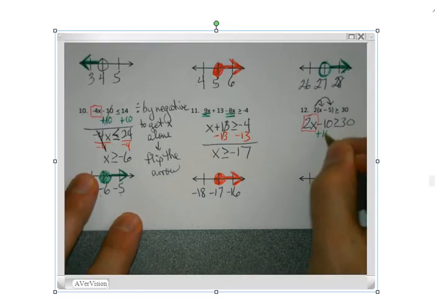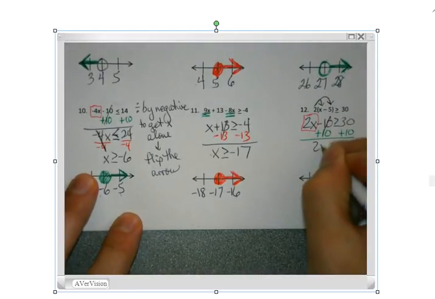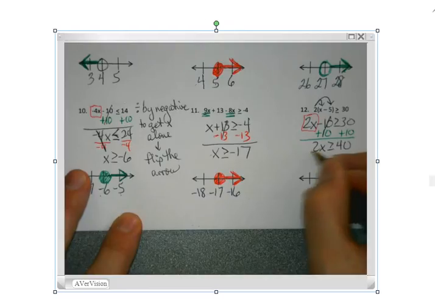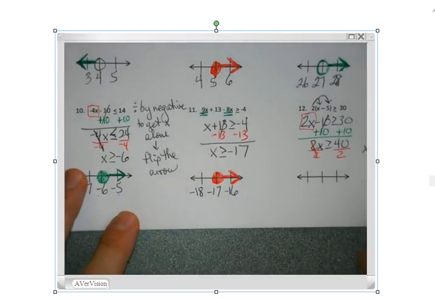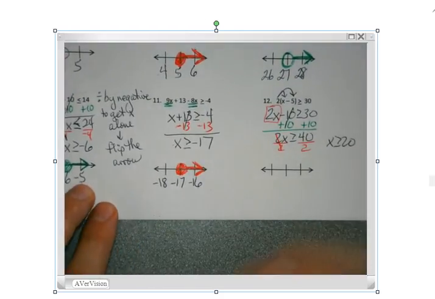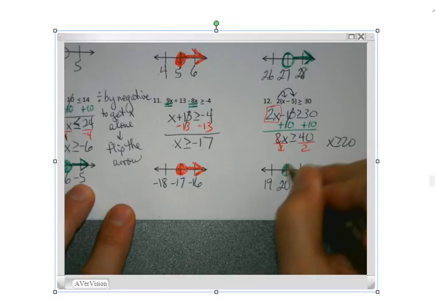Plus the 10. And divide by 2. Again, we just want to keep working from what's furthest away from my x until I get, whoops, and Harty has moved itself off the screen. Okay. And you're right, I've got yet another one to the right. And another one that's colored in, so we have the or equal to.